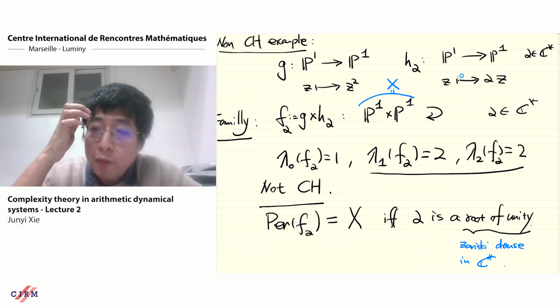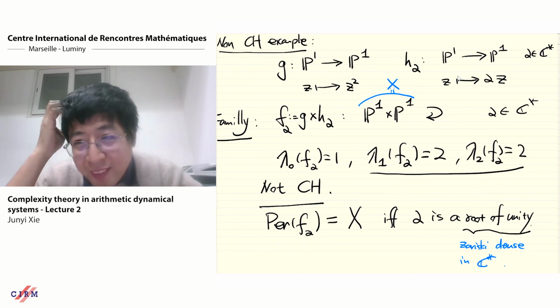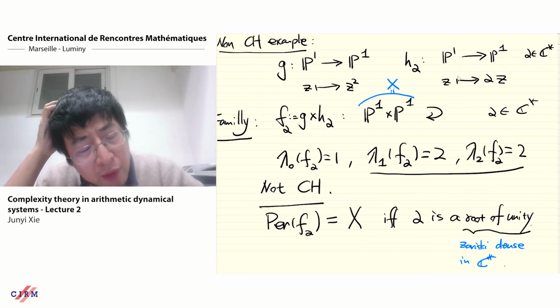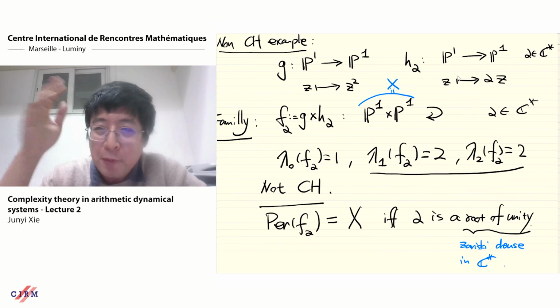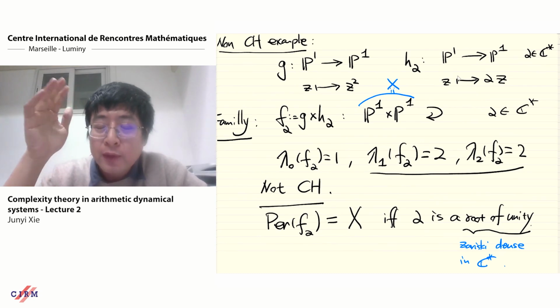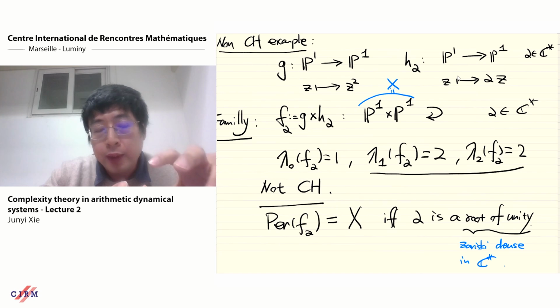I think that I have some example, but the construction of this example is quite complicated, so I didn't write it down. So an example that doesn't fiber. Yes, it's an example in dimension two.